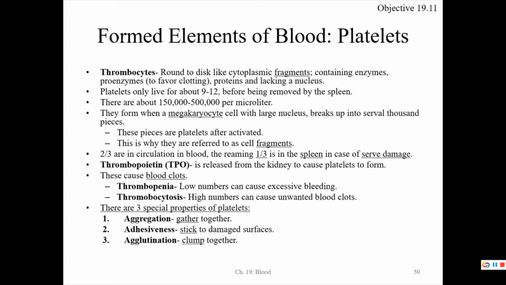All right, let's talk thrombocytes. Thrombocytes are usually fragments of cells. They are cytoplasmic fragments, usually round disc-like fragments when they're floating around. They have enzymes and other clotting factors in them, proenzymes and proteins that favor clotting, and they lack a nucleus because they are actually fragments of a bigger cell.